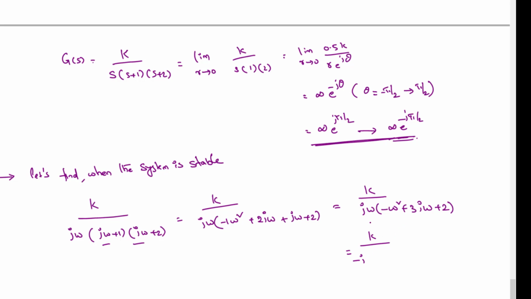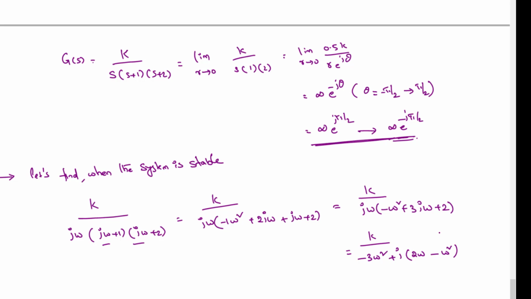So from calculations what I get is k by minus 3 omega square plus j into (2 omega minus omega square). I want to make this 2 omega minus omega square equal to 0. When I make it equal to 0, the imaginary part is 0, and we are left with the real part.